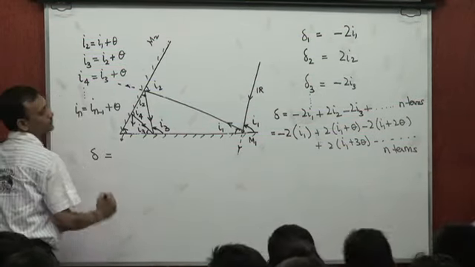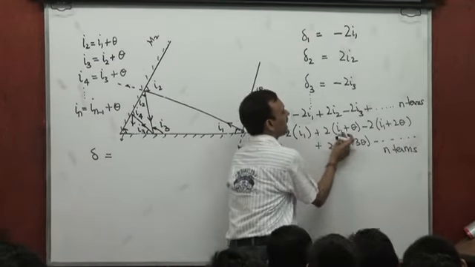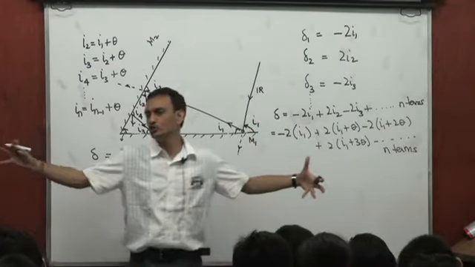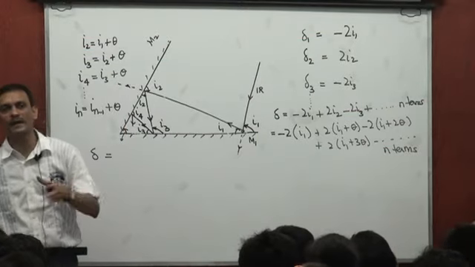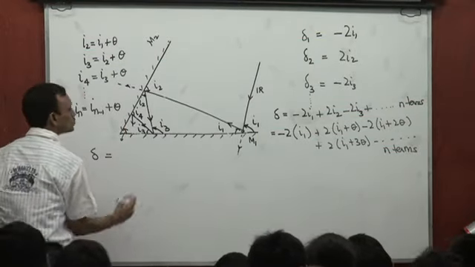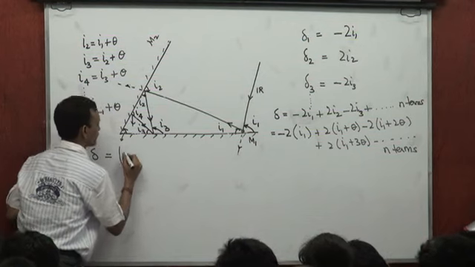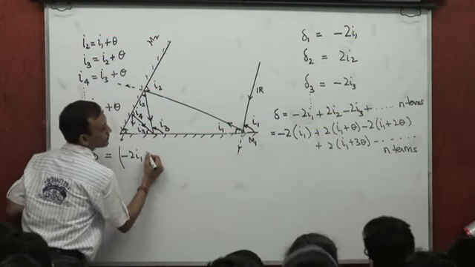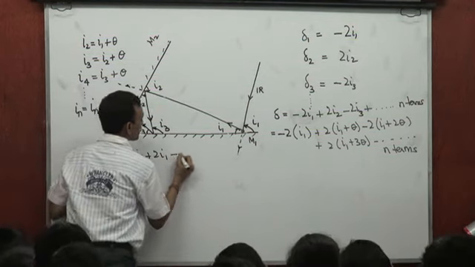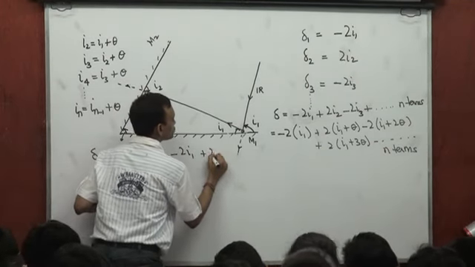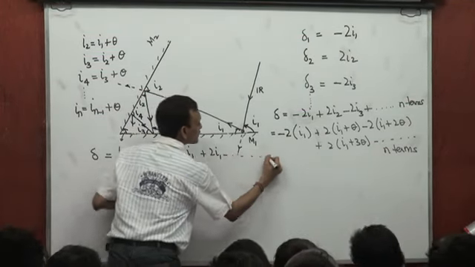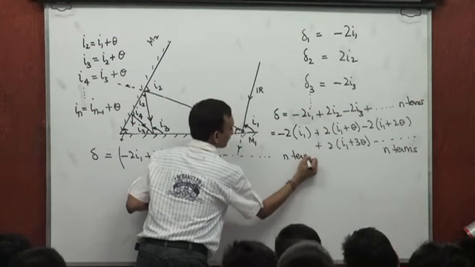Which would then turn out to be, let me club together the I1 terms and the theta terms in two groups, the I1 group and the theta group. So then the I1 group is minus 2I1 plus 2I1 minus 2I1 plus 2I1. How many such terms? N terms, right?